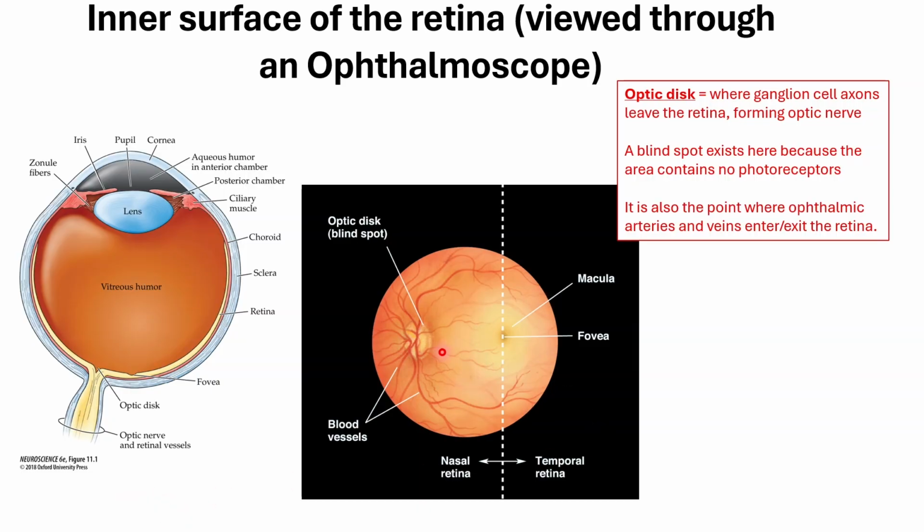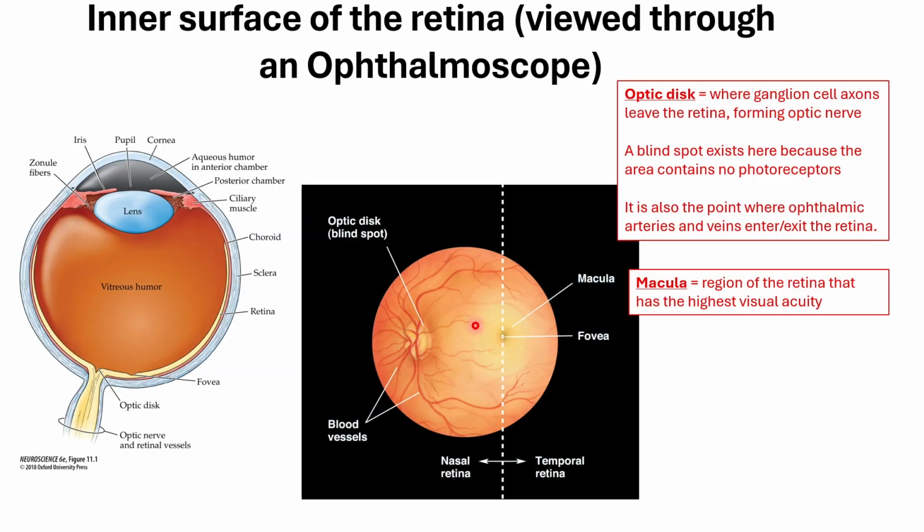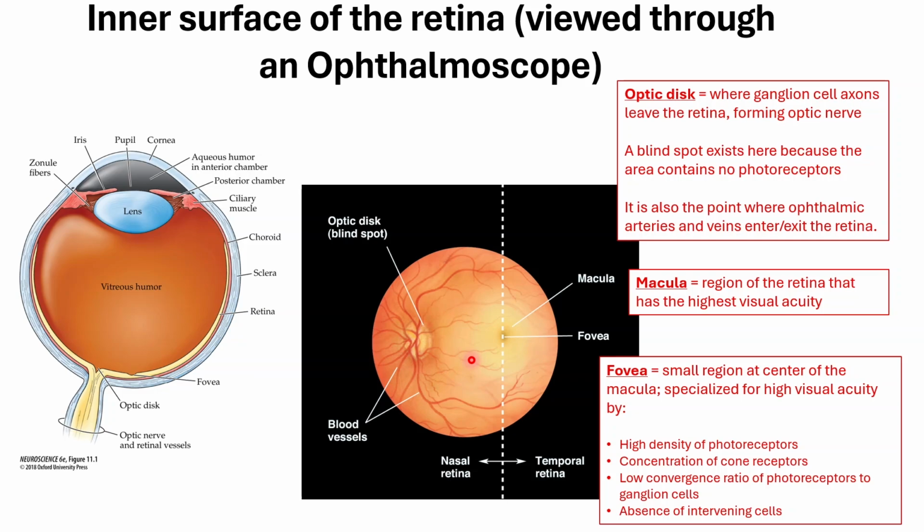That's the optic disc. The macula is this region here. This is where we start to have the highest visual acuity. So this is going to be the center of our field of view. Okay, and then we have the fovea, which is the small region at the back of the retina. And if you look at the back of the retina, you can actually see the fovea. It is the center of the macula, and this is specialized for very high acuity.